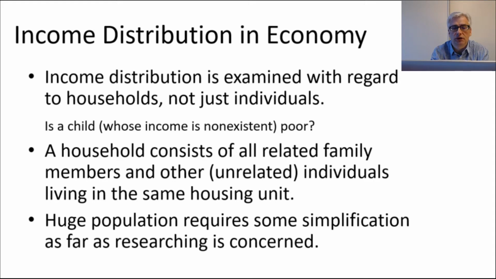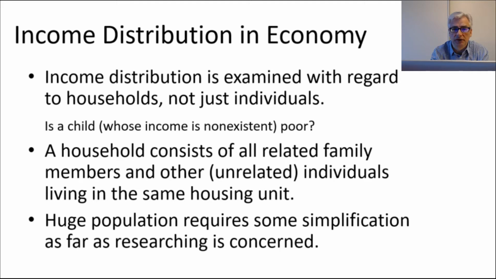First of all, we are going to introduce a new unit here. We are not going to investigate income distribution with regard to individuals. That could be highly misleading. You've got here the example of a child, right? A child does not have its own income, but that doesn't necessarily mean that the child must be poor.